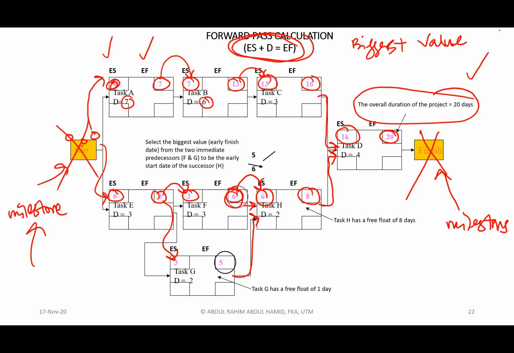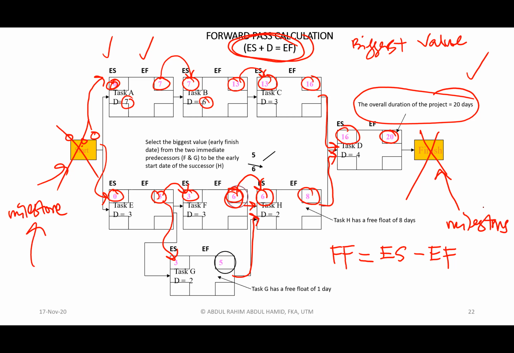You can identify the free float already from this diagram. How to identify free float? Okay, now I give you one simple formula. Free float is equivalent to early start minus early finish. But you must identify the predecessor and successor activity.